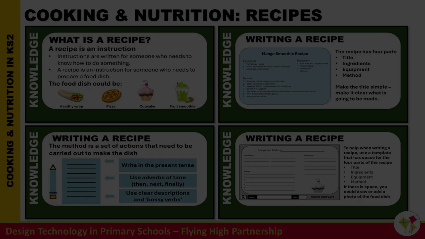They do this by adapting an existing recipe. They may adapt the recipe to meet the requirements of the design brief and the design specifications, or they may adapt the recipe to suit a particular user. So for example, they may design a pizza suitable for a vegetarian or a vegan. As children progress towards the end of Key Stage 2, they should be expected to design food products and meals based on the principles of healthy eating and write the recipes for these products and meals.